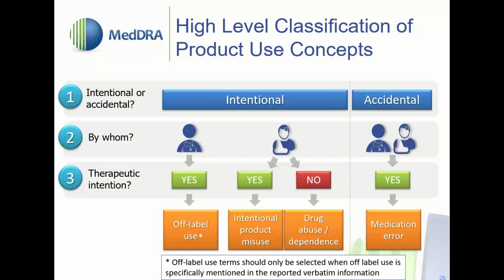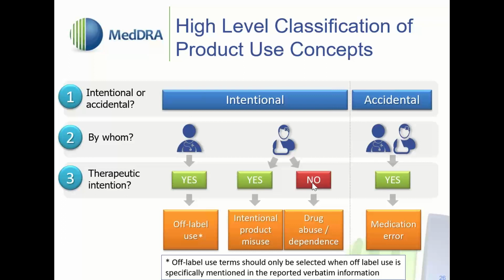So if an intentional deviation from the product information originates from the patient or consumer and happens in the therapeutic setting, right, we would classify this as intentional product misuse. So if the deviation does not occur within the therapeutic use of the product, the deviation would then be classified as drug abuse or drug addiction, right? So as you can see here, it's not in the therapeutic use.